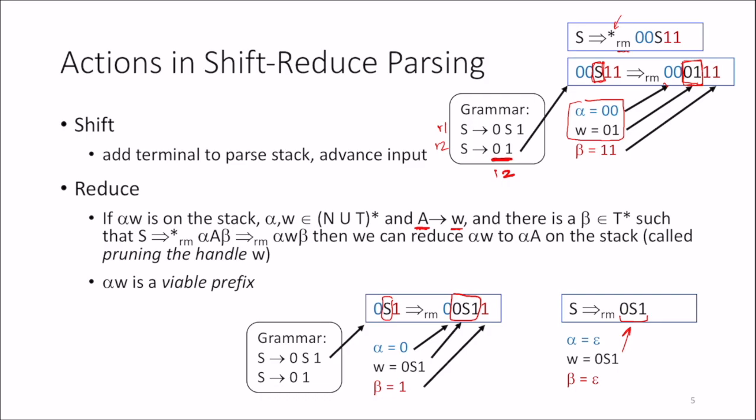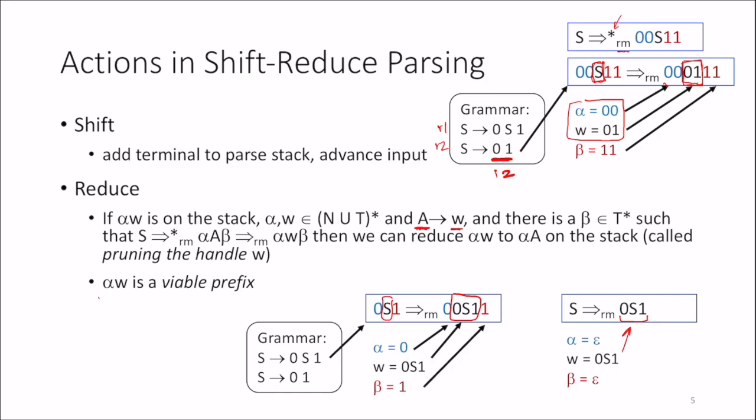So each reduce action involves popping 0 or more things from the stack, assuming that the rule we are using is not deriving the empty string. There will be some symbols on the right-hand side, and so we would pop a number of symbols equivalent to the length of the right-hand side off the stack, and we also do a push. The push says we're going to replace what's on the stack with the left-hand side of that rule. This is called pruning the stack with the handle, or pruning the handle from the stack.